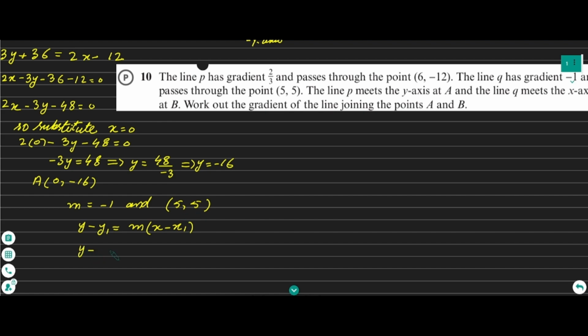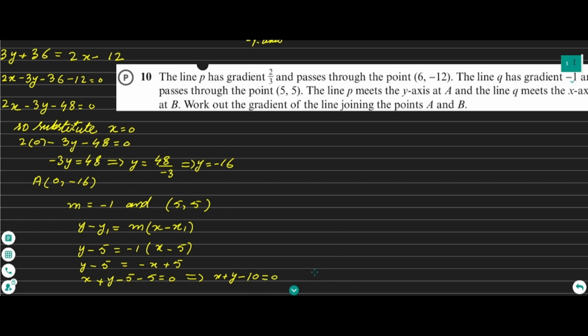We get y minus 5 equal to minus 1 times x minus 5. So y minus 5 equal to minus x plus 5. Now x goes to the left side and becomes positive, plus y minus 5, and this 5 will become negative. We get the equation of line x plus y minus 10 equal to 0.